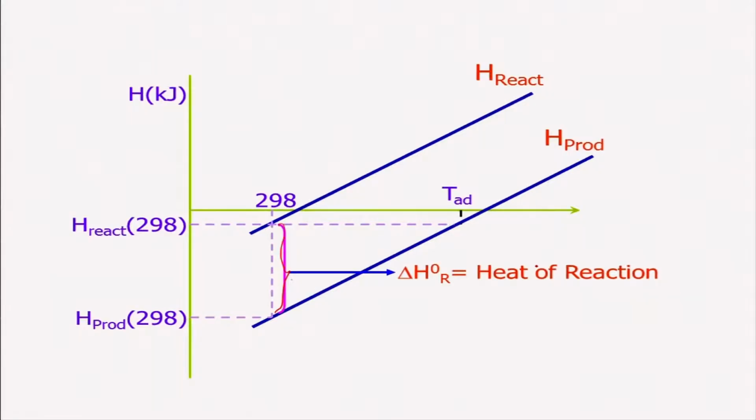Keep in mind that if this heat is utilized, then you will reach a temperature that is the adiabatic temperature of the products, provided the heat is not going out. We will be discussing how to calculate this adiabatic temperature.